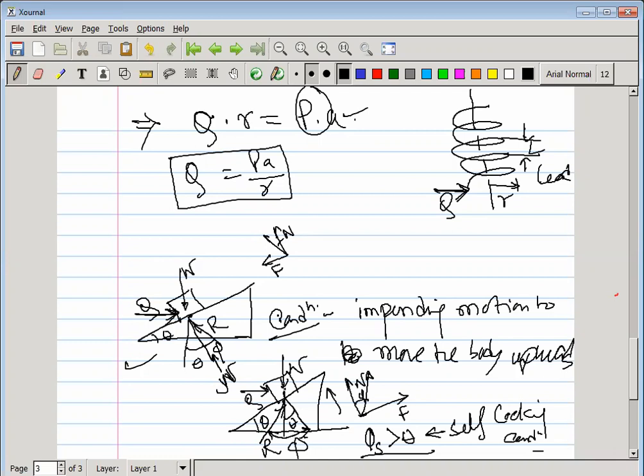If the condition is like that, we can say this is not self-locking. So in that case, phi is less than theta. This is the condition for it not being self-locking, means that body will move downward.